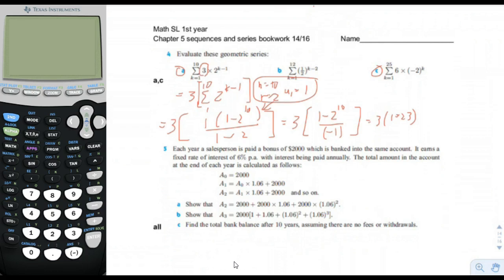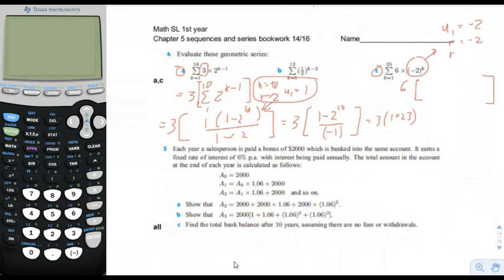Let's see, B. So B, let's see, it's 6 times the summation of this one. So u1 would be equal to -2. R would also be equal to -2.